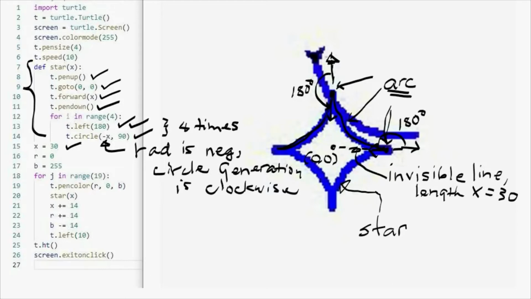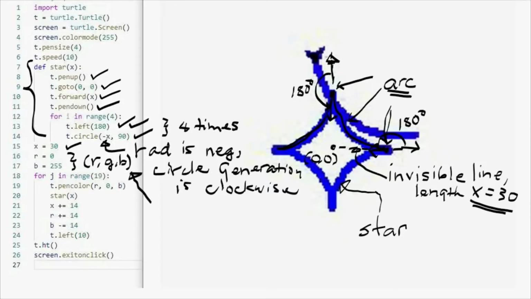And then we go to line number 15, x is equal to 30. We have already applied that. Look, x is equal to 30 on the right side of the illustration. And then the R and the B actually refer to the RGB, to the color of the lines and arcs.